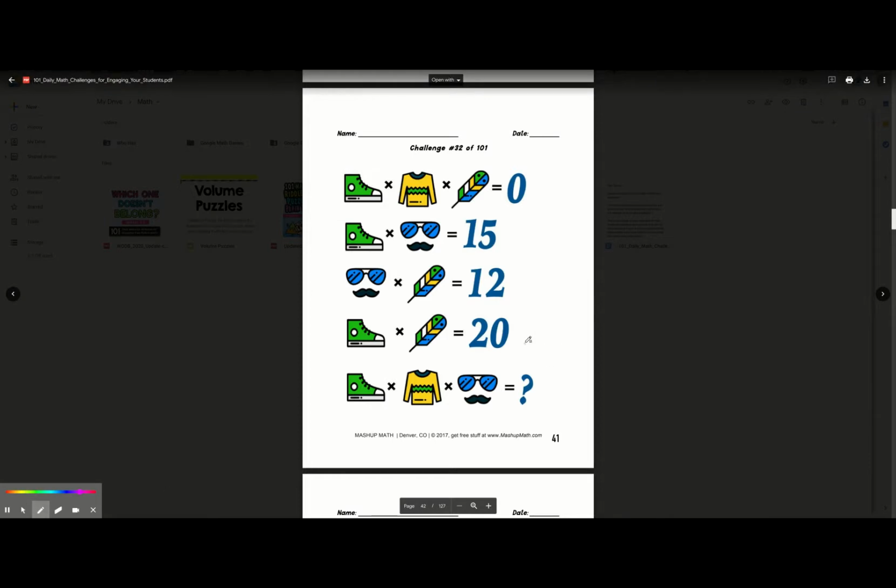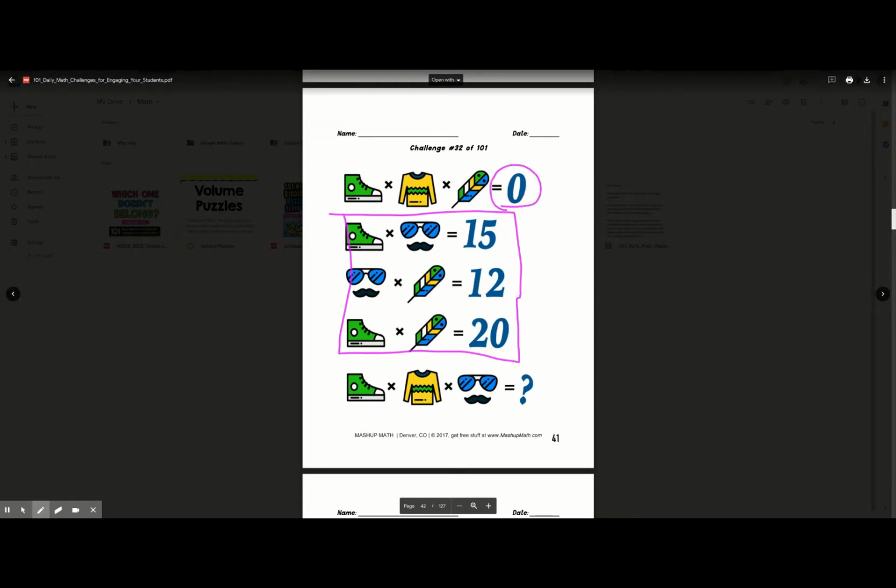So the first thing I'm going to look at is to see if there's any with one variable, and I notice there is not. However, I notice that this section right here uses the same variables over and over. And before I even begin, I notice that this right here equals 0.